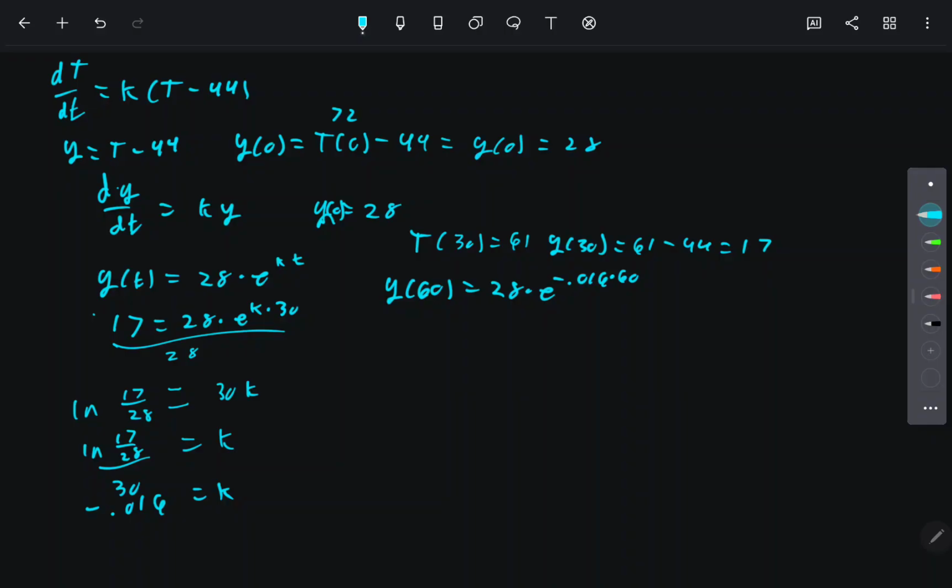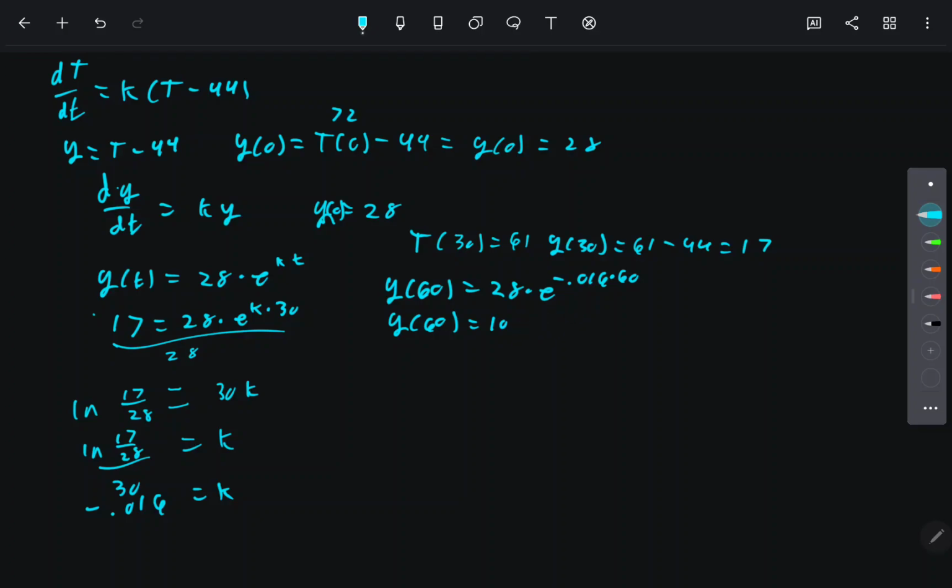Plug that into our calculator, and we get an answer of 10.32, which I'm actually going to cut off to 10.